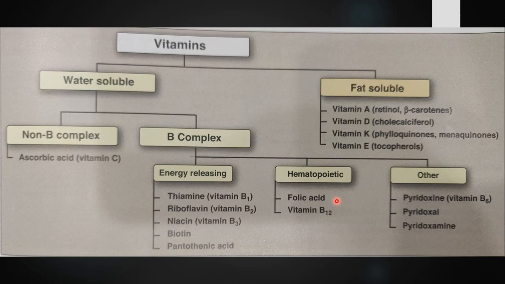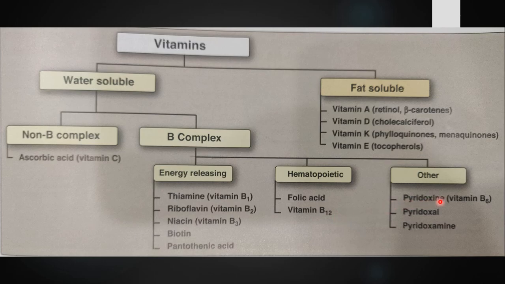Folic acid is playing a very important role there. So on one hand, anemic people need folic acid, and I'll let you know in detail later. Then is vitamin B12. Cyanocobalamin is another name for this, though it's not mentioned here.